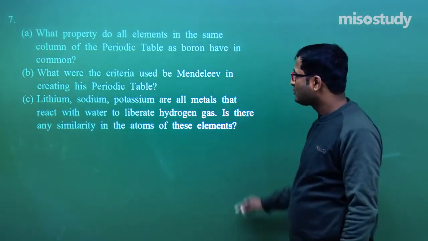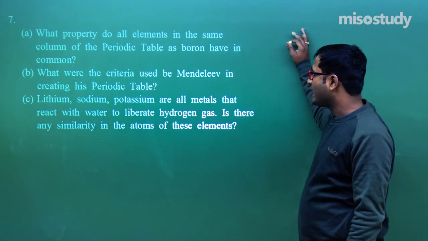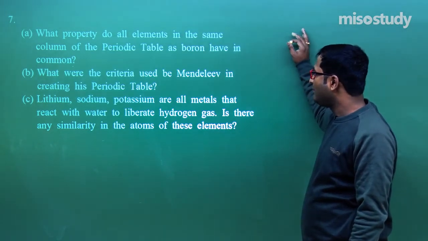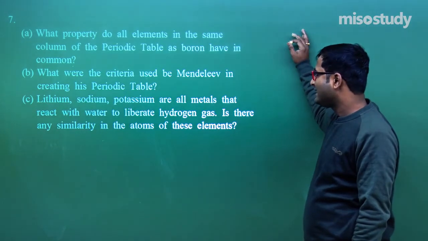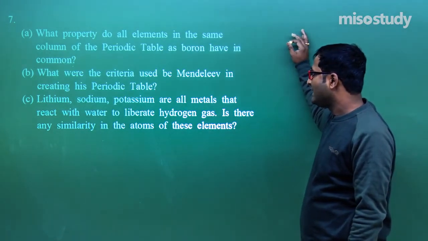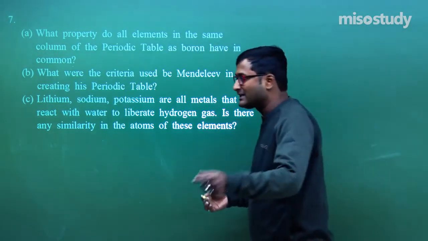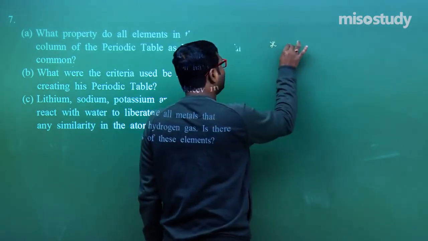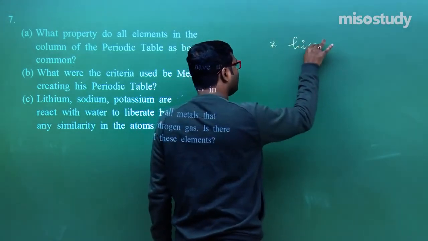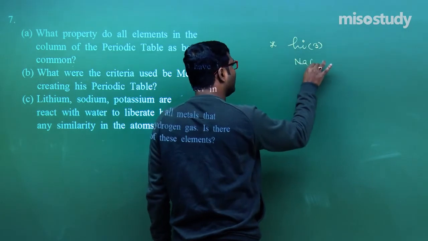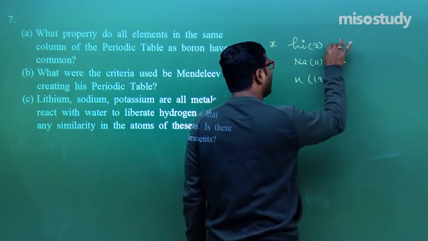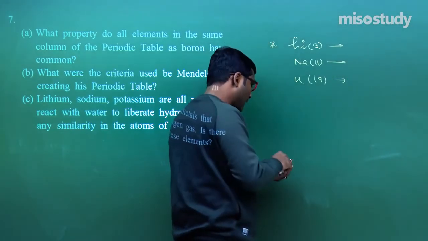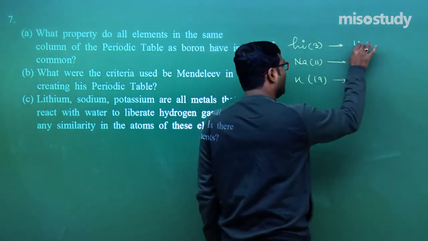Clear? Now the next one: lithium, sodium, potassium are all metals that react with water to liberate hydrogen gas. Is there any similarity in the atom? Yes, there is. Lithium 3, sodium 11 and potassium 19 all have a similar outermost electronic configuration.